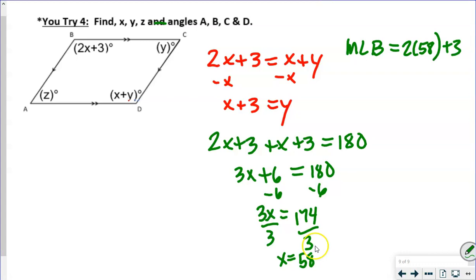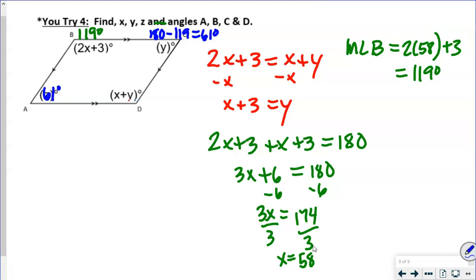Well, 2 times 58 is 116 plus 3, so that's going to be 119 degrees, okay? So if this is 119 degrees, then we know the angle next to it, y, is going to be 180 minus 119 degrees, and that's 61 degrees, right? So if y is 61, we also know that z's got to be 61, right? Because they're opposite angles, okay?